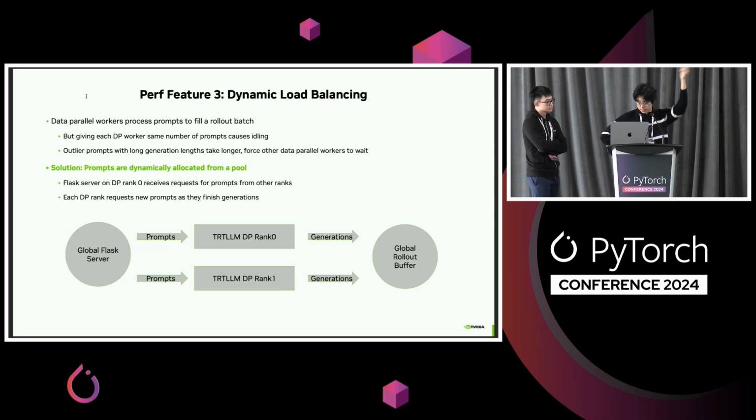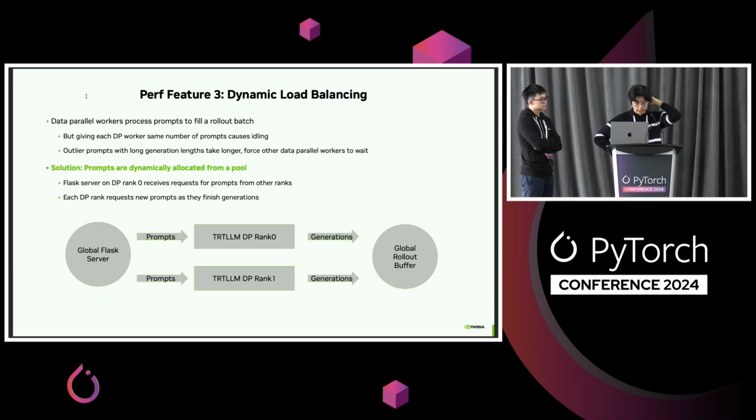So our solution is to dynamically allocate our data loader from a server. On the first data parallel rank, we have a small server that dynamically pushes requests from the DP workers. It receives requests for work, and it pushes prompts to those DP workers.